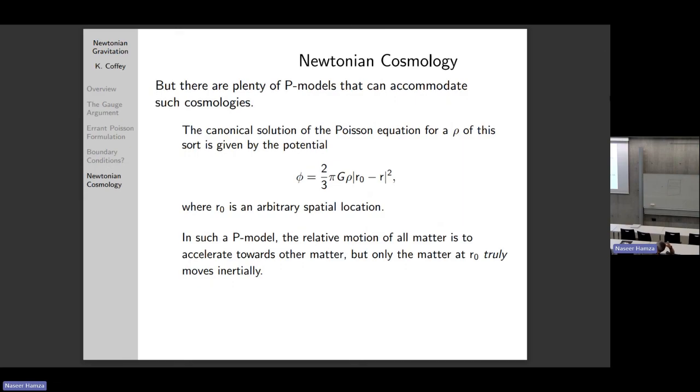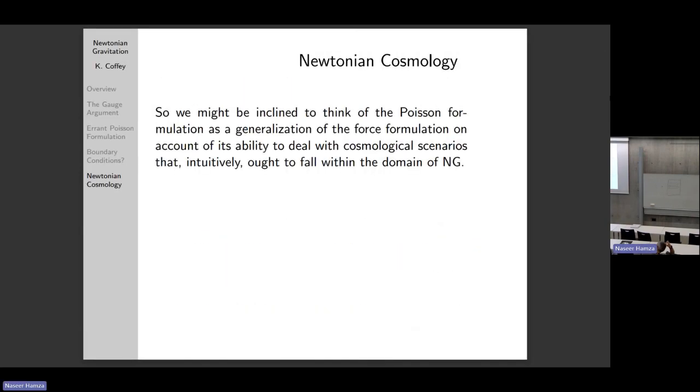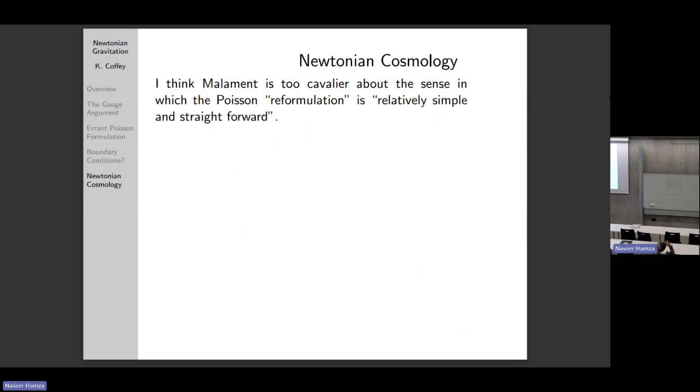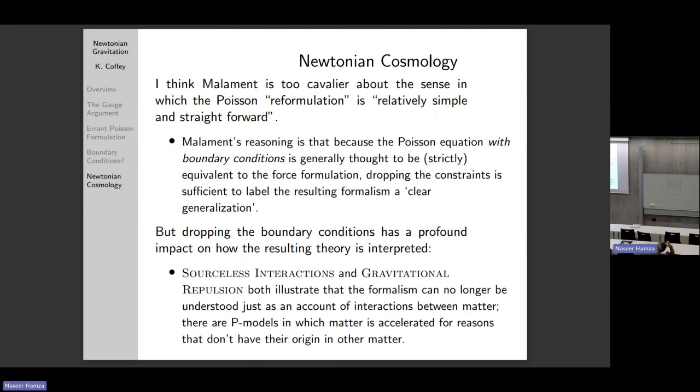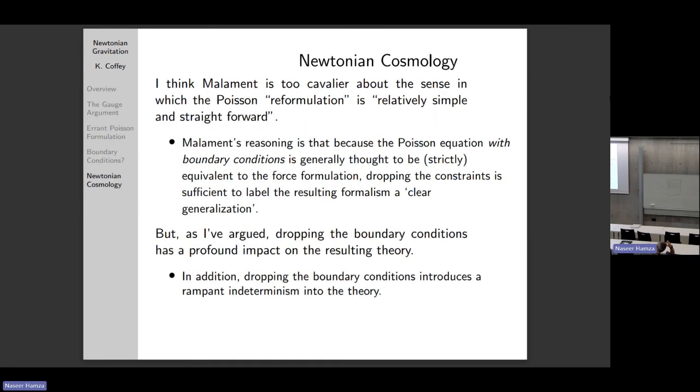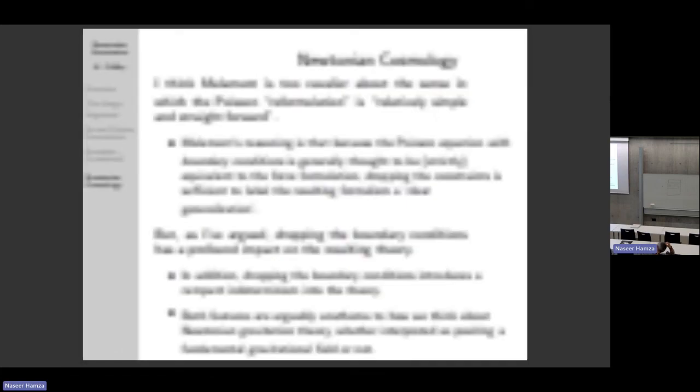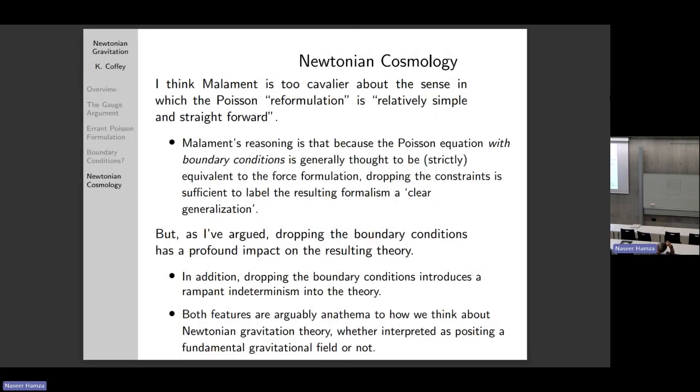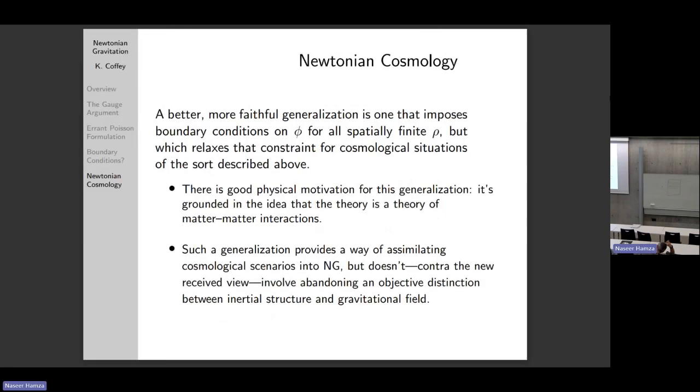So maybe, one option: what I wanted to do, as a generalization, is restrict the boundary conditions, except in the case where we have these homogeneous infinite matter distributions. Maybe an additional condition needs to be added to rule out the matter-matter interactions. I would have to look. I'll get the specific solution from you afterwards. Yeah, thanks.